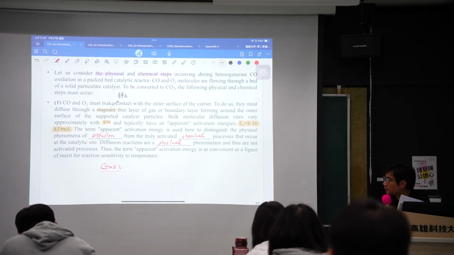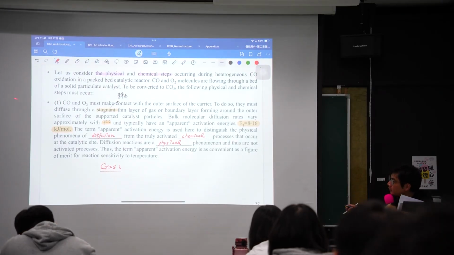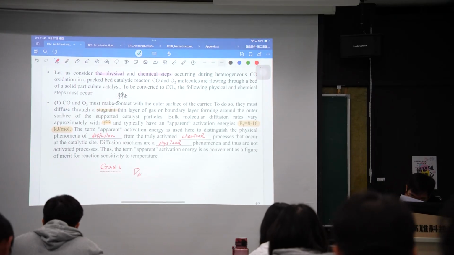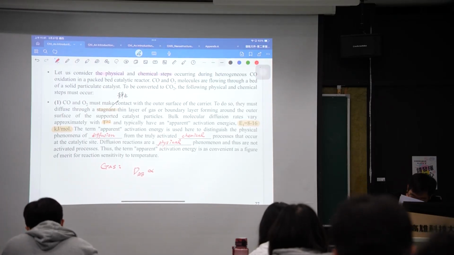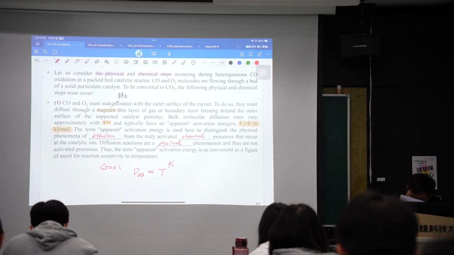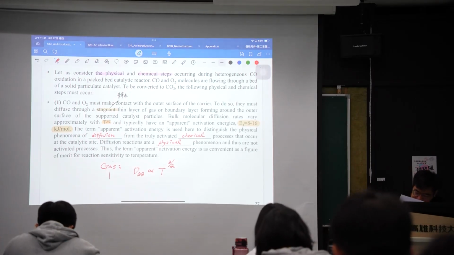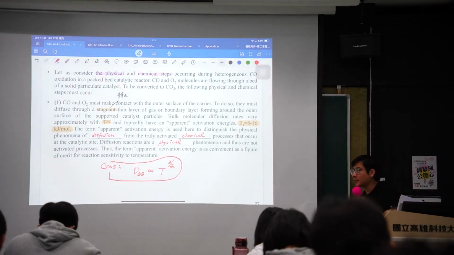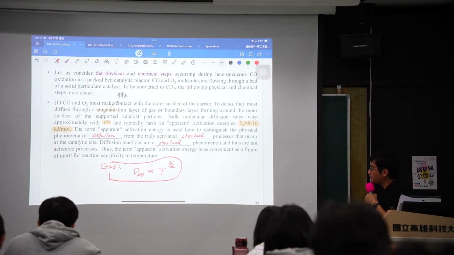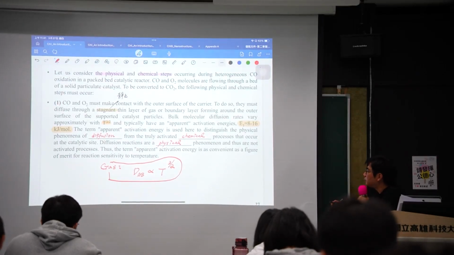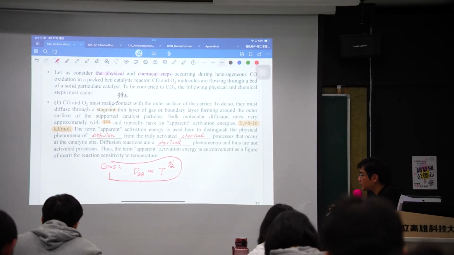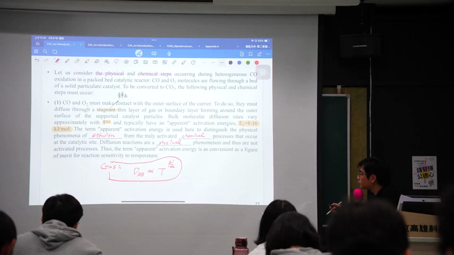This reminds you of transport phenomena. The diffusion coefficient, or diffusivity D_AB, is proportional to temperature.